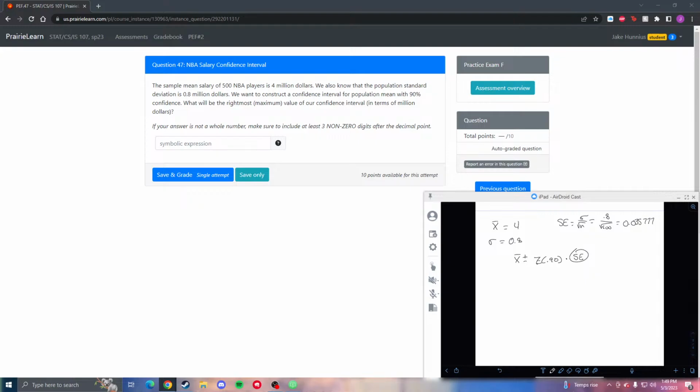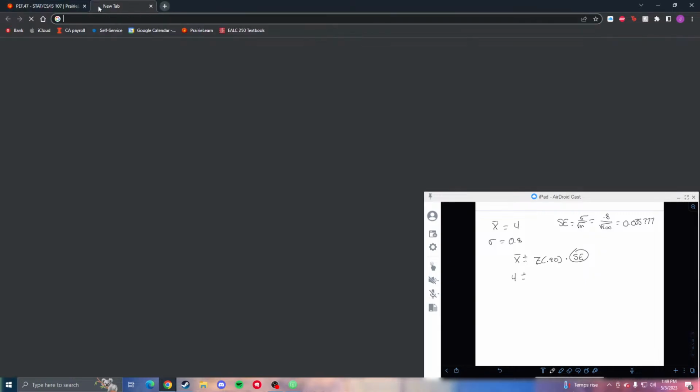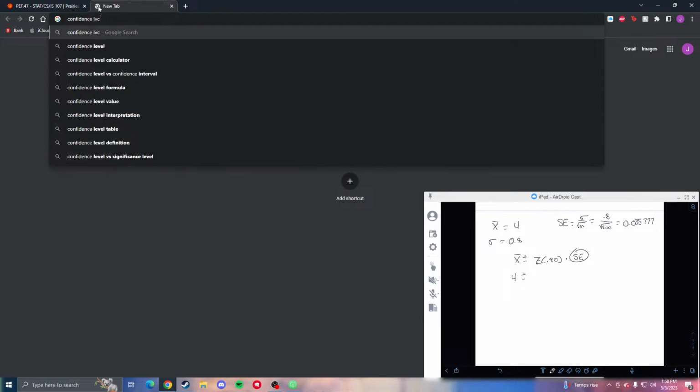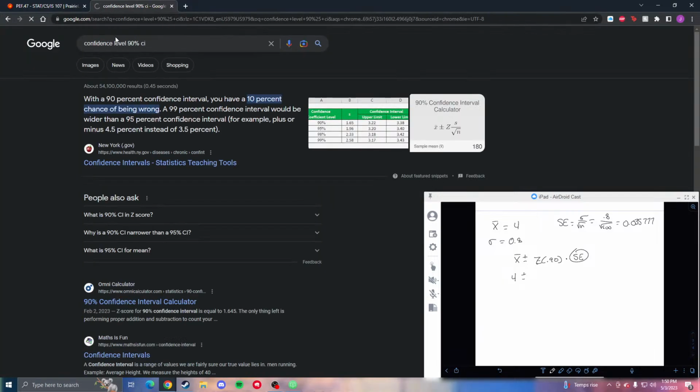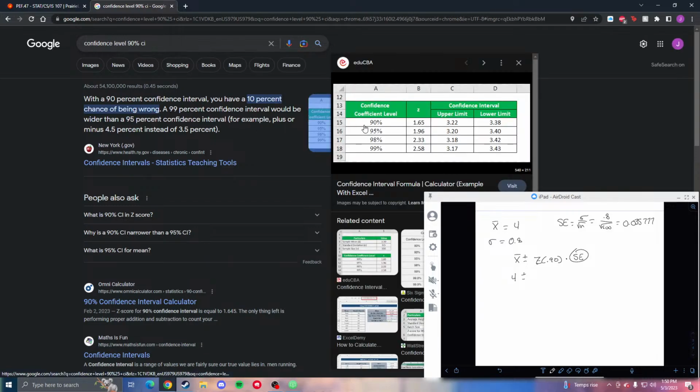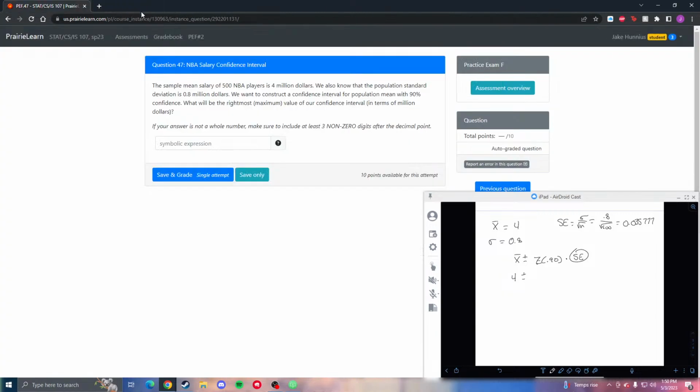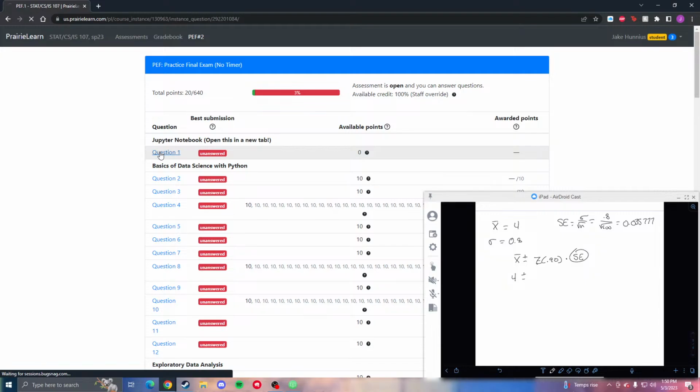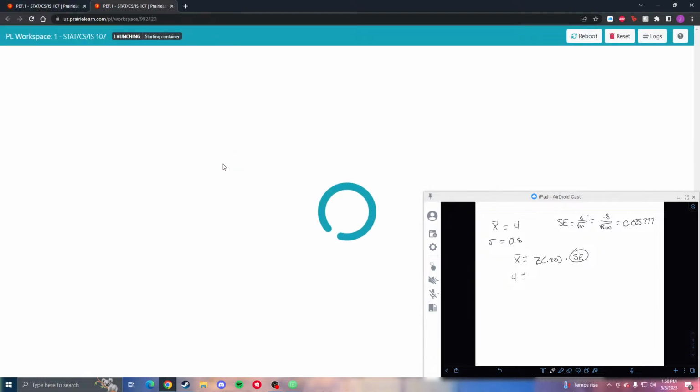Our X bar is 4. And then I'm just going to Google it, and then I'll show you how to get this. So our Z score for 90% is 1.65, and then let's verify that by going to our Jupyter workbook that's given to us on the exam.